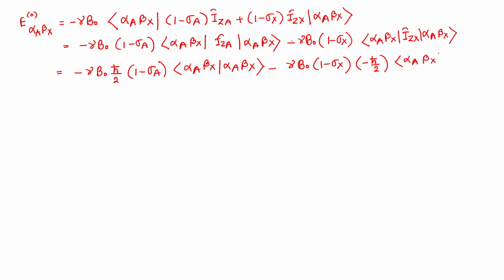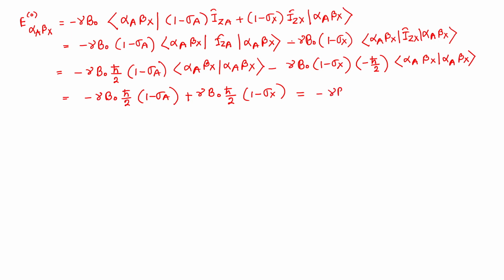Then alpha A beta X. This individually is a product of two functions, so this is going to be 1, right? So here I got gamma B0 h cut by 2, 1 minus sigma A. Here also I got gamma B0 h cut, but I have plus here h cut by 2, 1 minus sigma X.